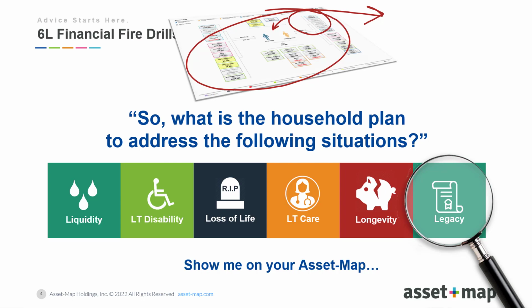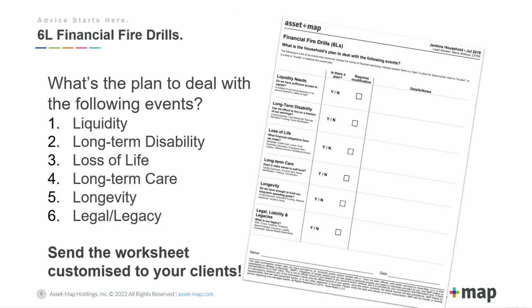And it is through this engagement, just on 6Ls, there is a report available in Asset Map. If you go into a client's household, you can select reports. You'll see there's a 6L report. It'll have your branding on. It'll also have the household's name on it.